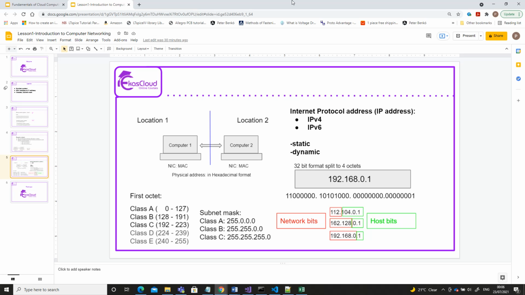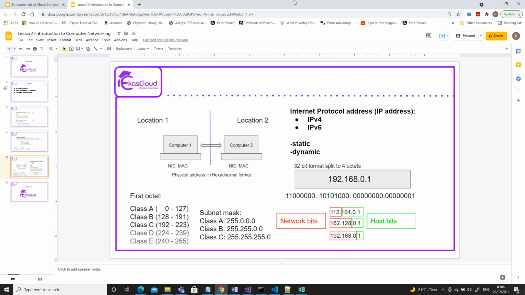For class B, 16 bits go to the network bits, and another 16 bits go to host bits. And then for class C, 24 bits go to the network bits, and 8 bits go to host bits.